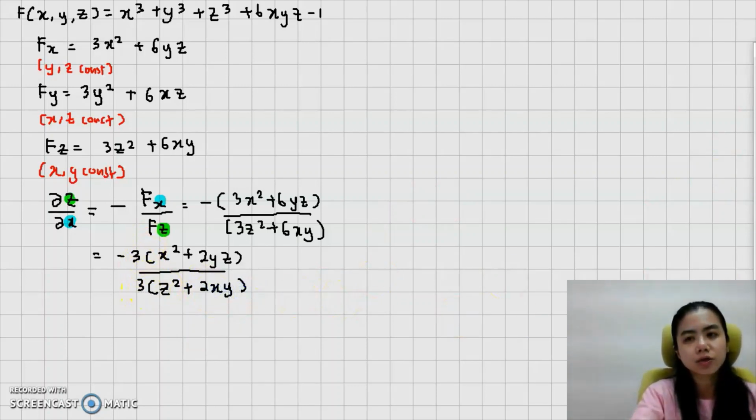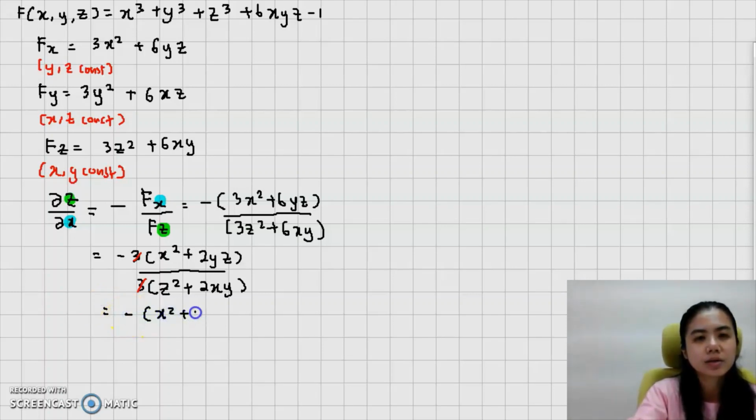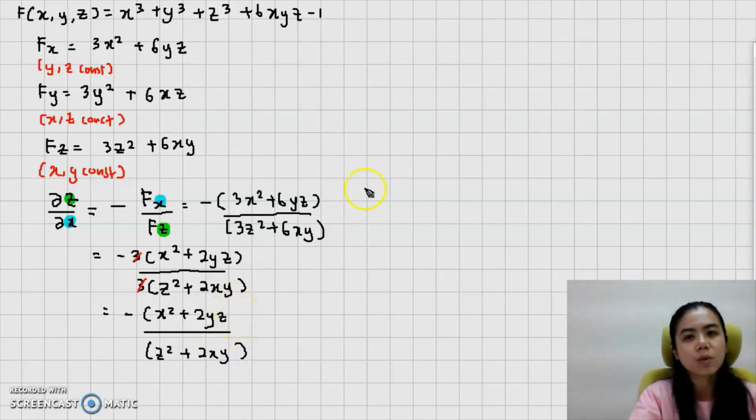The 3 and 3 you can cancel out, and the remaining is minus x squared plus 2yz divided by z squared plus 2xy.